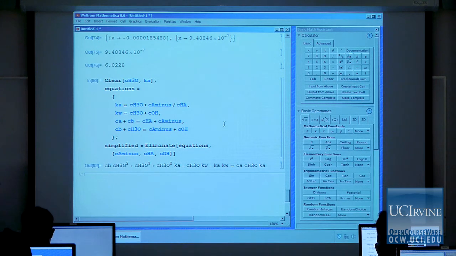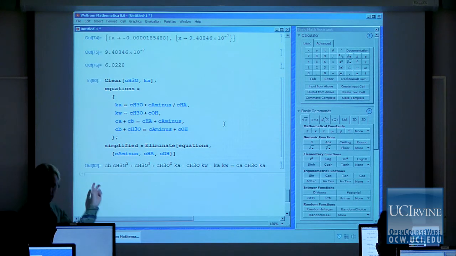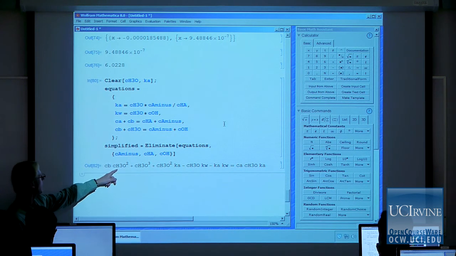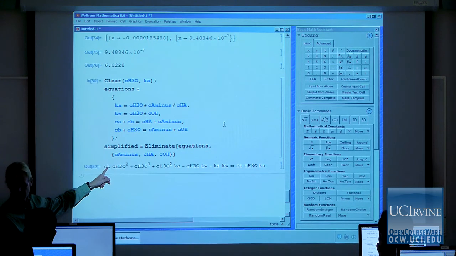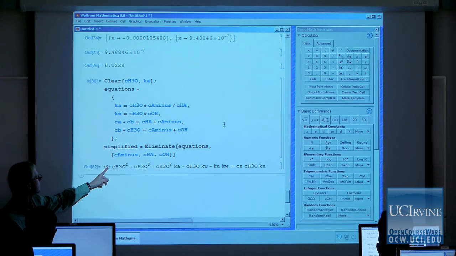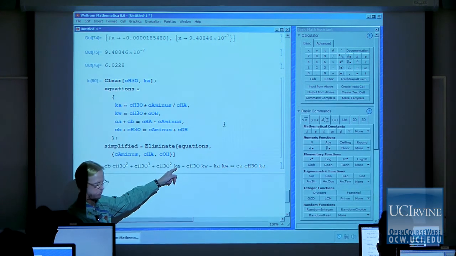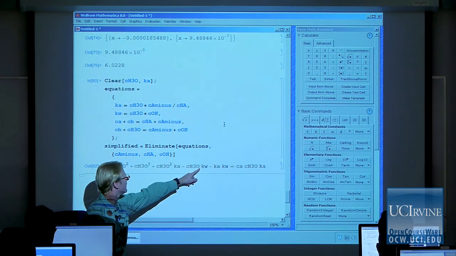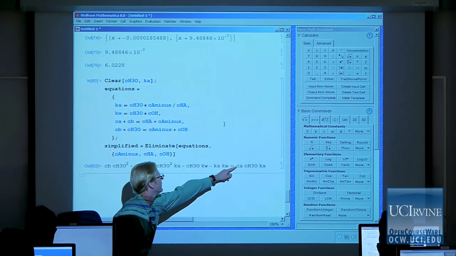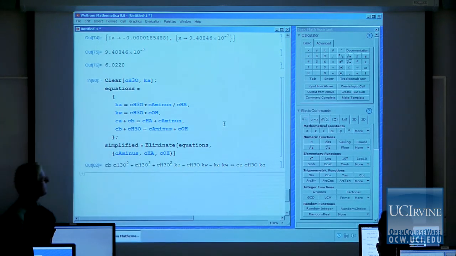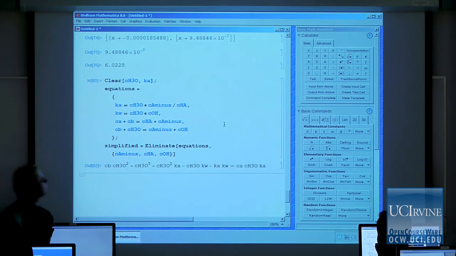Notice that the only unknown in here is CH3O, because I know I'm going to put in this concentration. I know Ka in principle. I know K water, right? And I know this concentration. So the only unknown is CH3O.